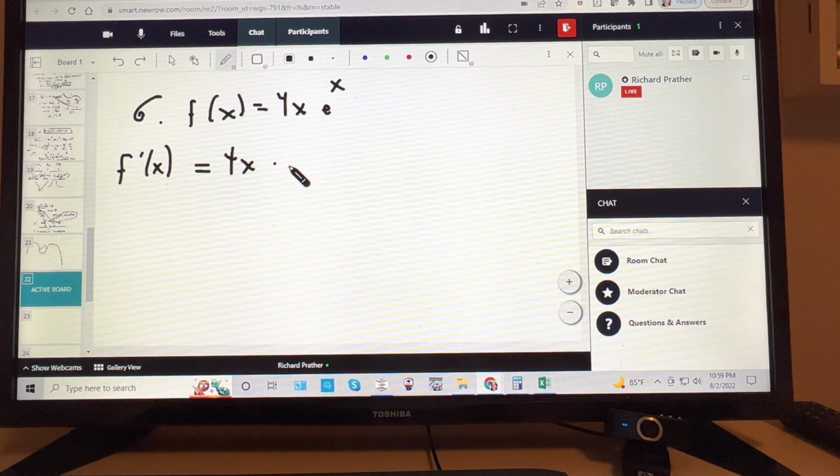The derivative of e to the x is literally e to the x, because it's also technically times the ln of e, which is 1, and times the derivative of the exponent, which is 1, since that's a 1x linear part. So that's the nicest exponential. The derivative of e to the x is e to the x. So first times derivative of the second, and the second times the derivative of the first, which is just 4.